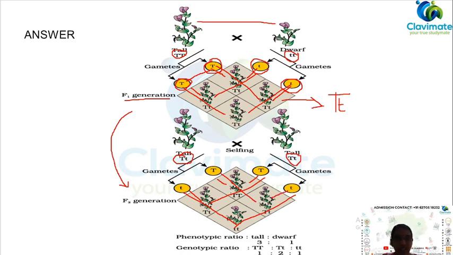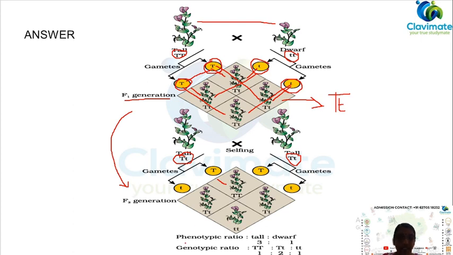So we see here that there is one tall plant T T and two heterozygous tall plants. That is, we have three tall plants and then one dwarf plant.